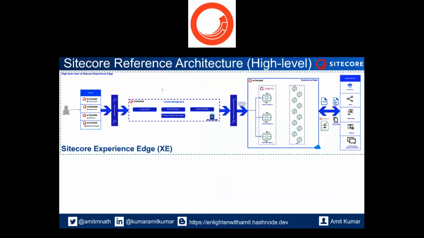And this is a high-level diagram about Sitecore Experience Edge. Like I said, if you are using Content Hub, XM Cloud and XM Manager, you can do the content authoring in the CM, and then you publish it. Data is directly published to the Experience Edge, and Experience Edge is a SaaS offering from Sitecore, having a CDN-enabled endpoint, and the data will be given to the end user via GraphQL.